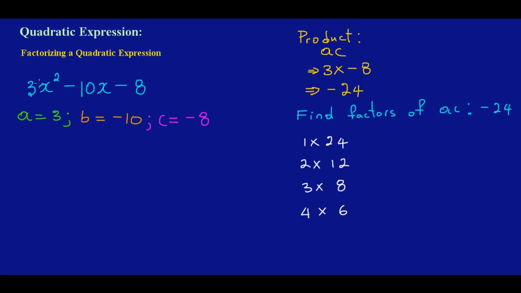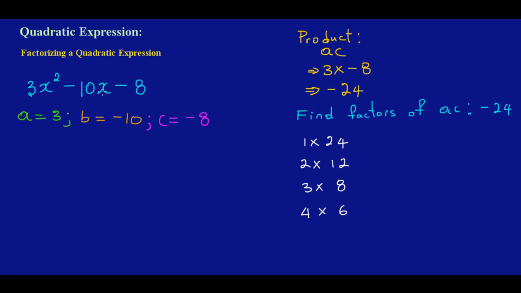When you look at the original expression, 3x squared minus 10x minus 8, and you look at the product of negative 24, we must now find two factors. When we add the factors, we get negative 10, which is b, but when we multiply them, we get negative 24.